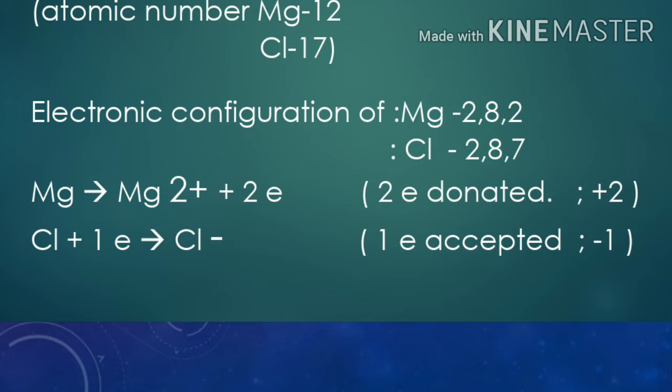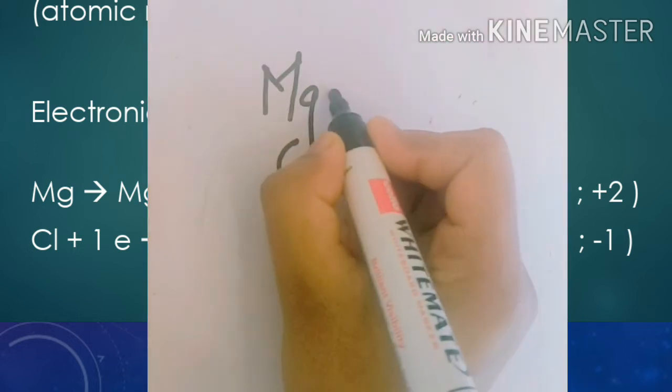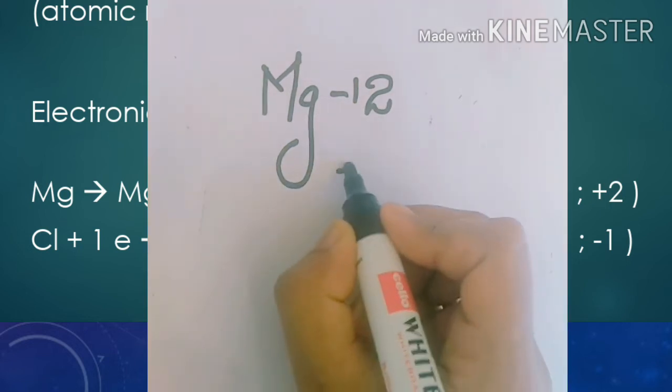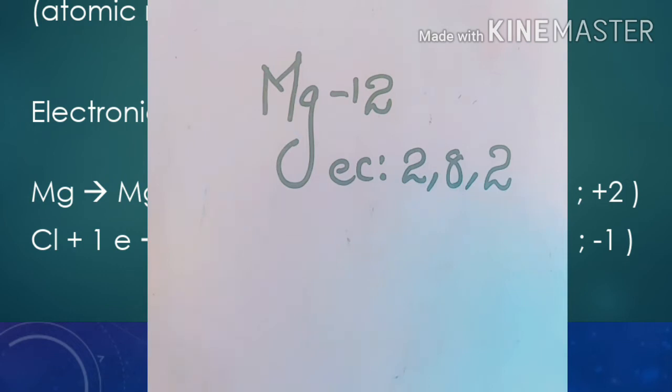Let's discuss an example, formation of magnesium chloride, MgCl2. Here magnesium has atomic number 12 and the electronic configuration can be written as 2, 8, 2. Magnesium has 2 electrons in its outermost shell. So magnesium can attain stability or complete the octet by losing these 2 electrons, or it can accept 6 electrons.